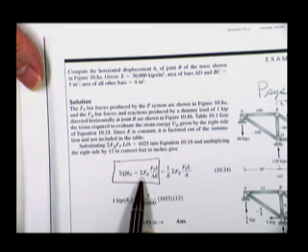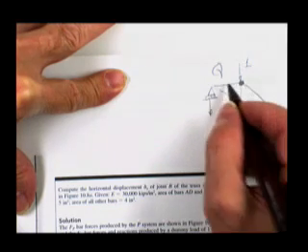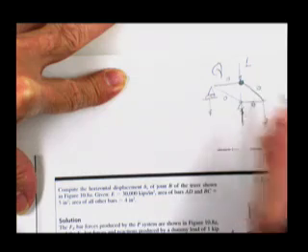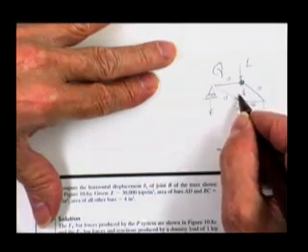Set them equal to the sum of all the forces that you find in the truss due to Q. Here they are. And as a matter of fact, this would be 0, 0, 0, 0, and this would be 1, and it would be a minus 1.